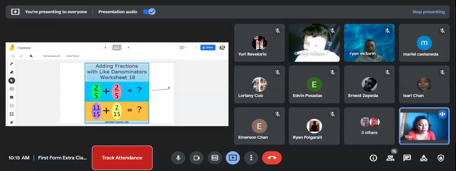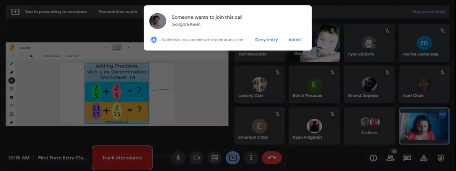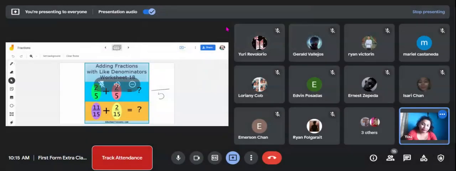What will be the denominator of this first answer? If I have 2/5 plus 2/5, what is going to be the number at the bottom? 5. Very good. Because these two are 5, so automatically my answer is going to have 5.